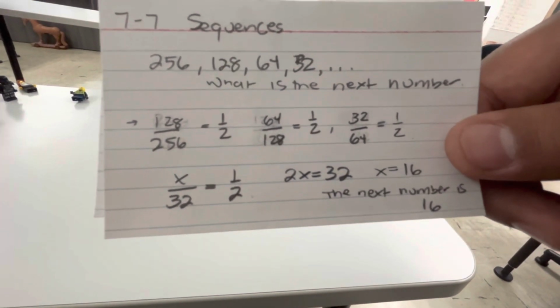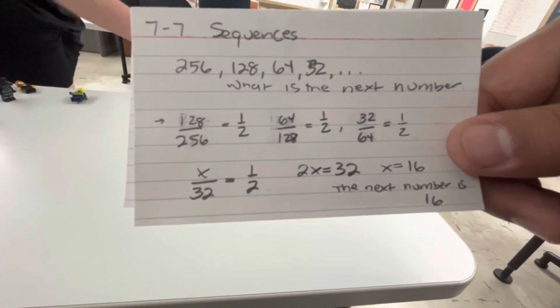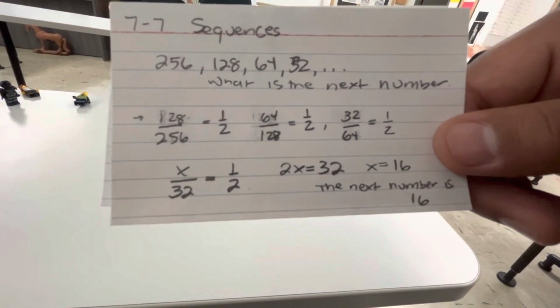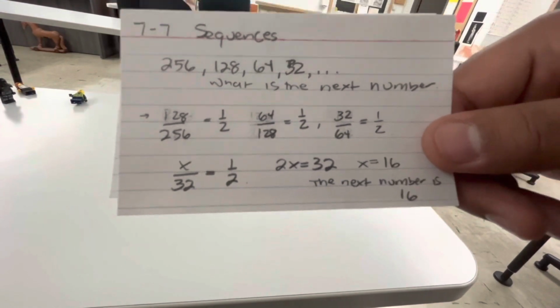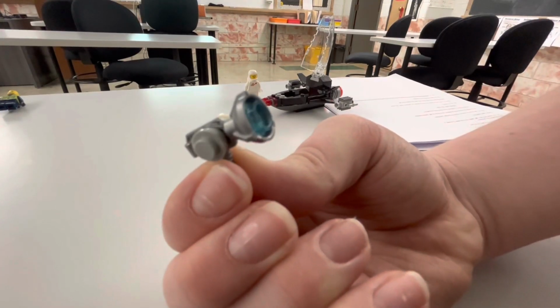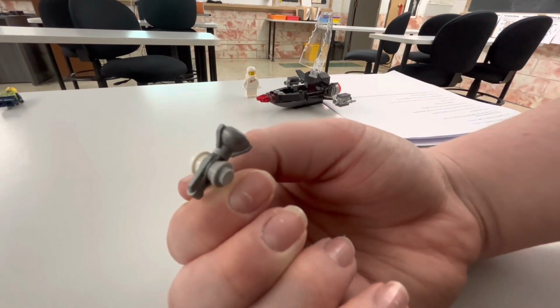You can sub in x for 32, and it has to equal 1/2 times 2x equals 32. You divide 32 by 2, and x equals 16. The next number is 16. See, Captain Crunch the Numbers solves the problem and creates the ice ray gun.